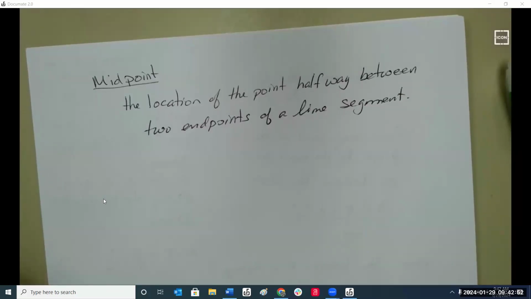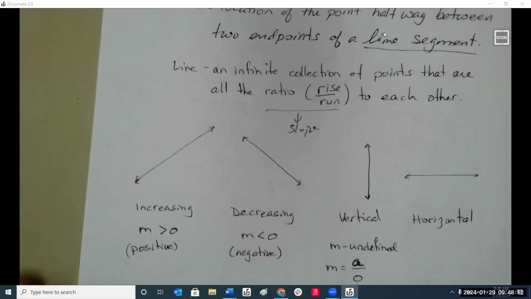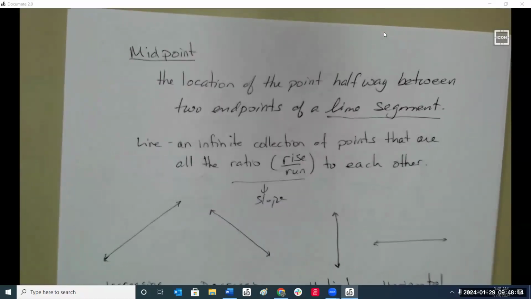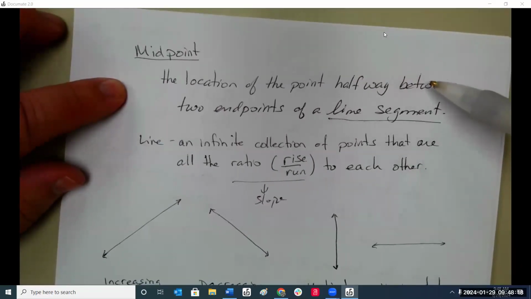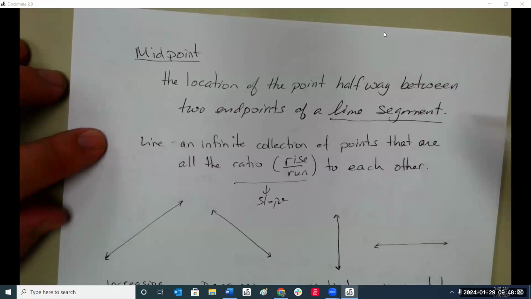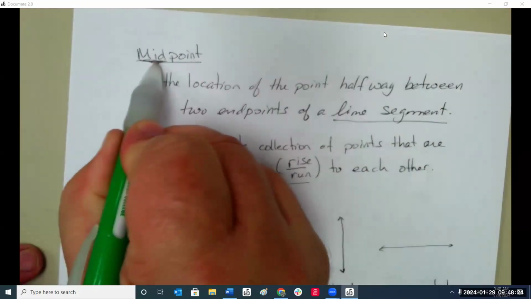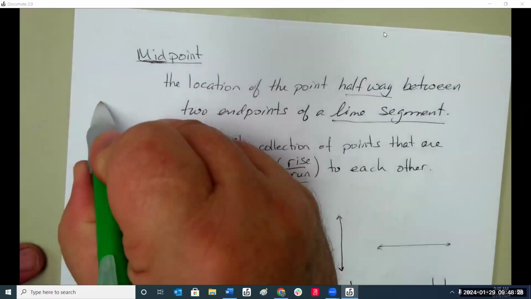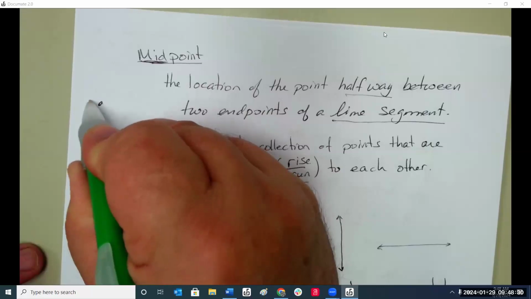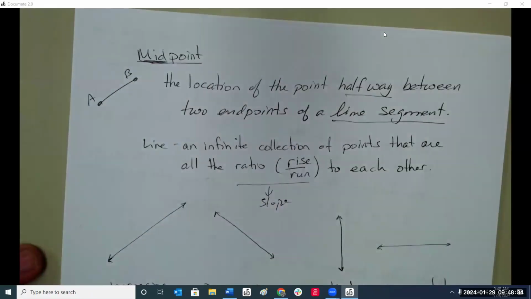Let me see. Somebody else is maybe lost. Let me catch them here. So the midpoint is the location of a point halfway between two endpoints of a line segment. That's what mid means. Mid means halfway. So for midpoints, we have to have a beginning and we have to have an end.